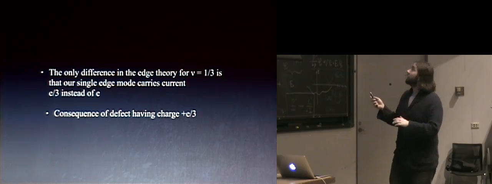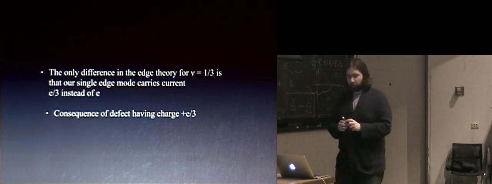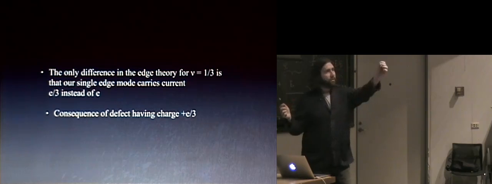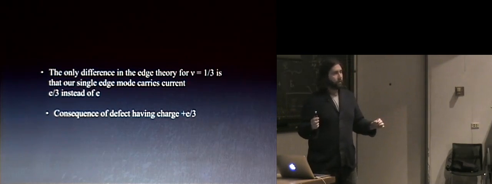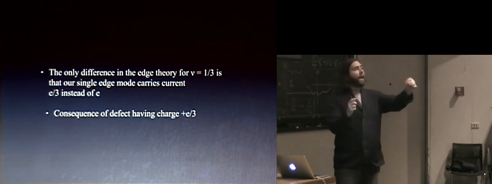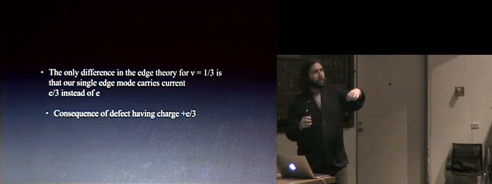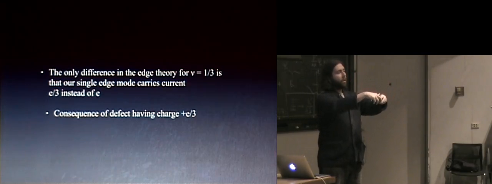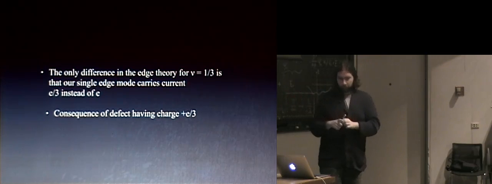You can redo that analysis using this so-called bulk boundary correspondence, and the only thing that changes in that analysis is that my edge mode doesn't carry charge e, it carries charge e over 3. This is just an immediate consequence of having these topological defects in the bulk that carry charge e over 3. It's not that I have one of these topological defect anyons running along the boundary. It's that if I ask about the topological structure in the bulk, that's equivalent to talking about these edge currents on the boundary.